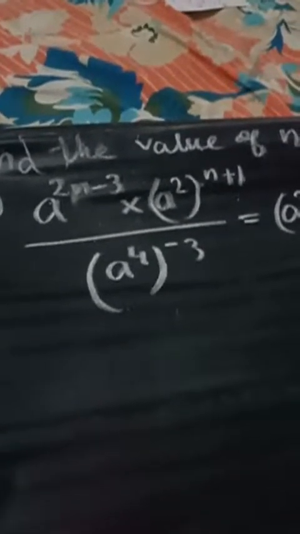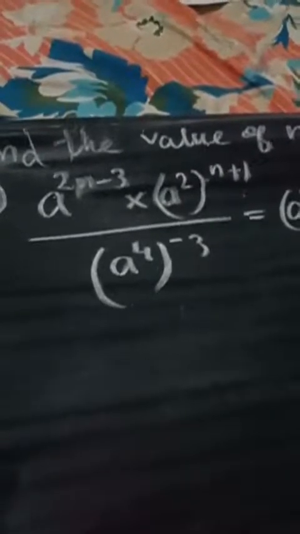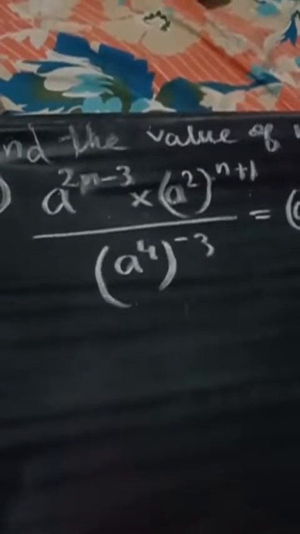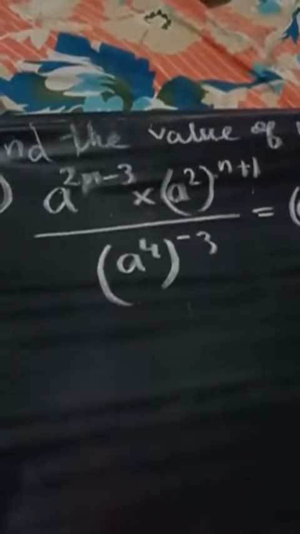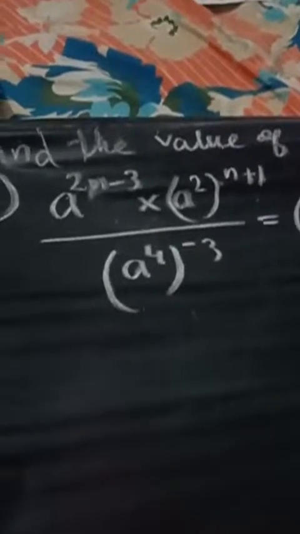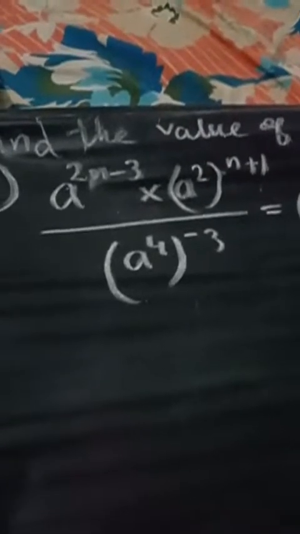First we arrange these exponents and finally equate RHS and LHS. That means compare RHS and LHS. So first we want to solve this.